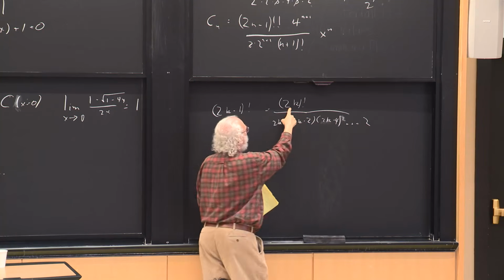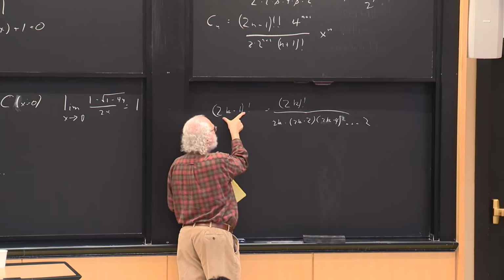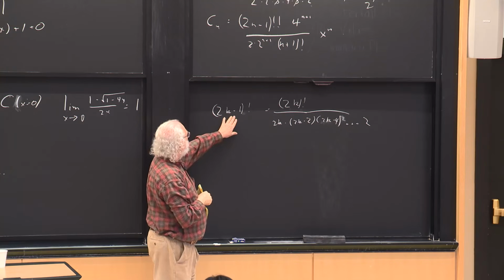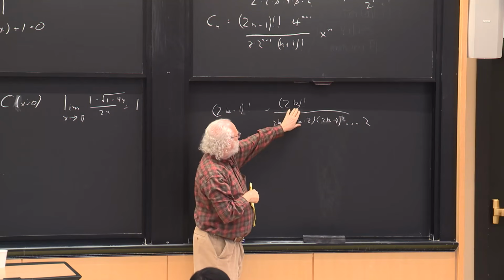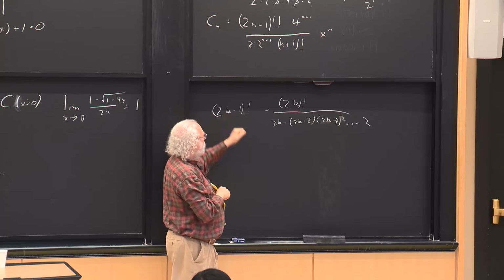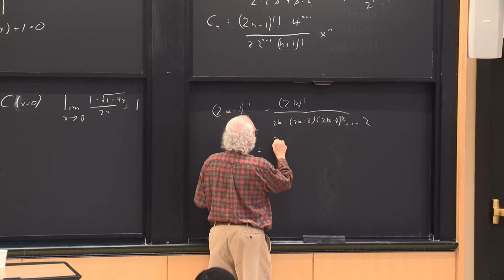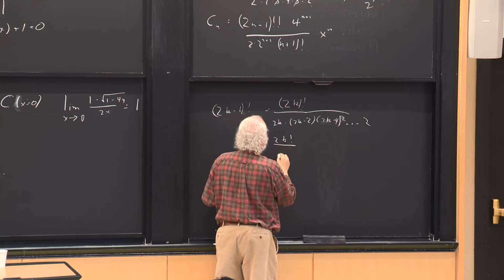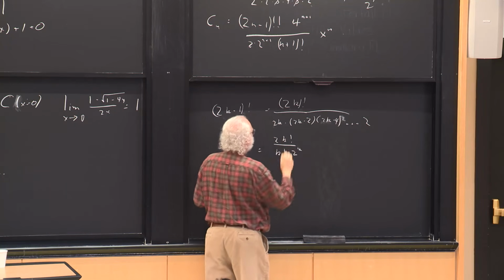So this is just the odd terms between 1 and 2k minus 1. So this is all the terms between 1 and 2k, and we divide by the even terms, and we get the odd terms. But this is just 2k factorial over k factorial times 2 to the k.